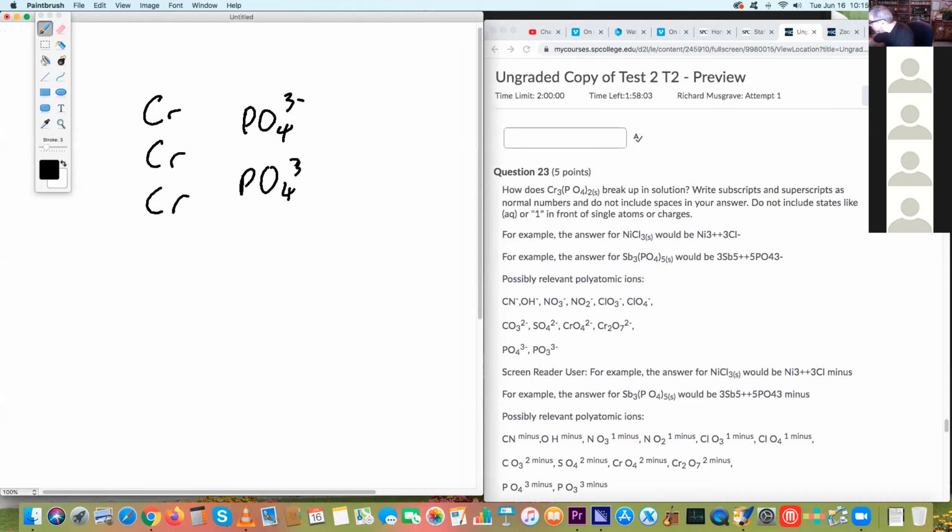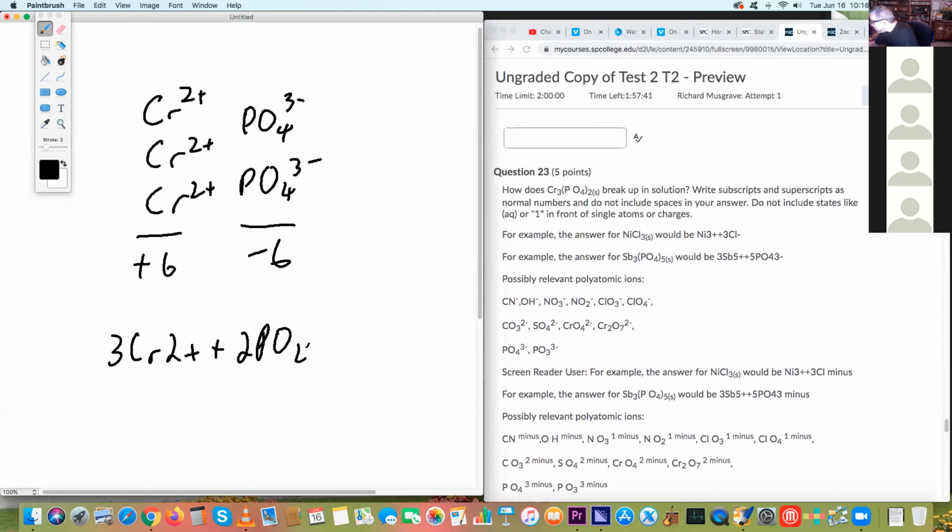You can't just look at it and figure it out, not generally. But the way that works is you've got -6 total on that side, +6 to match the -6, and then each of these would have to be 2+. So the final answer here would be 3Cr2 plus 2PO4 3 minus is what you would write down.